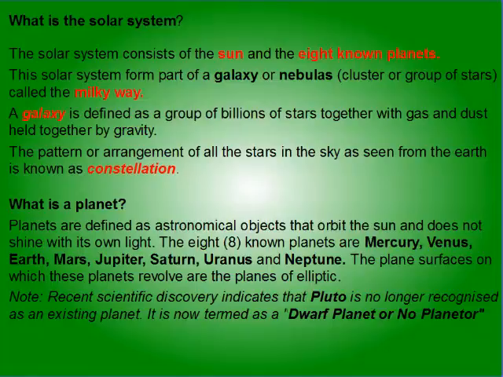And to be called a planet, you should have cleared the neighborhood around your orbit, which Pluto hasn't been able to do. So now Pluto is termed a dwarf planet. So this is the reason why Pluto has been disqualified as a planet.